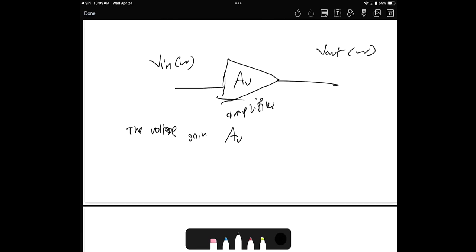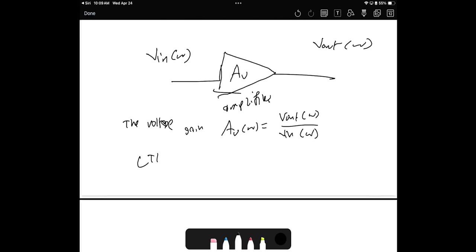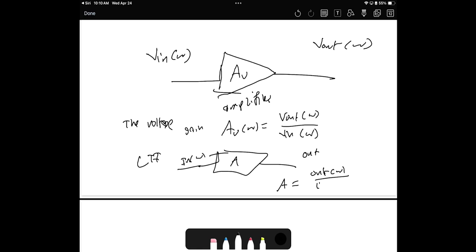For any other LTI system, you have inputs, omega, then a system, then an output, which I'm going to call just out, other than voltage. So you can say A, which is a transfer function, equals the output of omega over the input of omega.